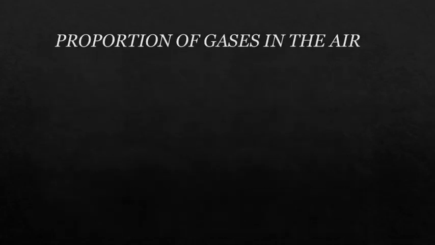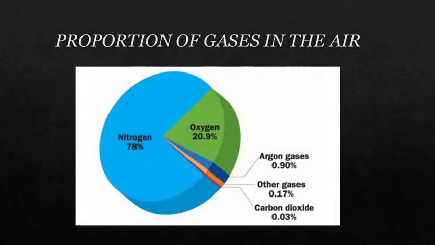The air in the atmosphere contains nitrogen, oxygen, carbon dioxide and inert gases like nitrogen dioxide, sulfur dioxide, water vapor and dust particle. The figure here shows the different percentages of gases present in the air.